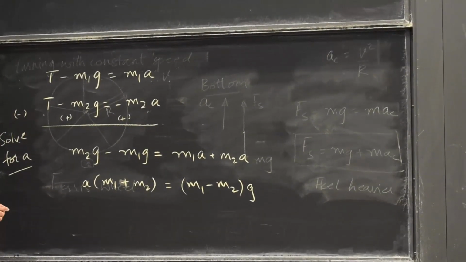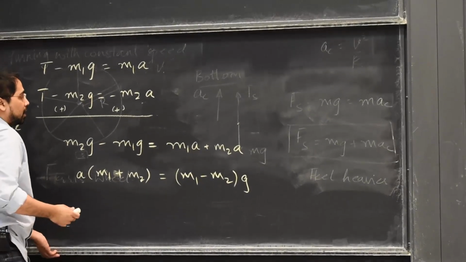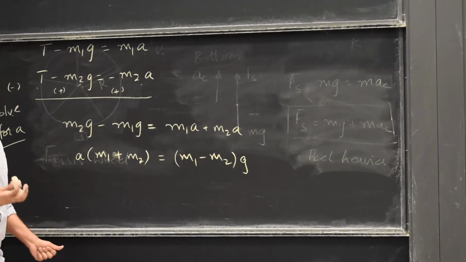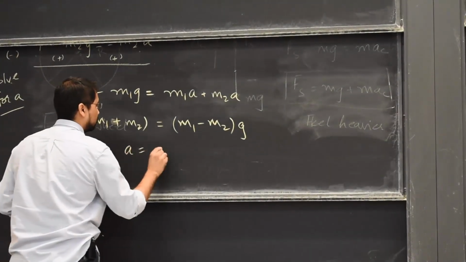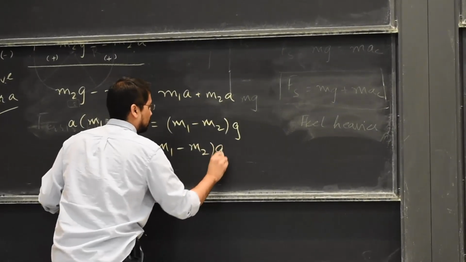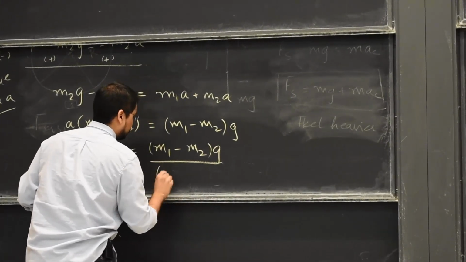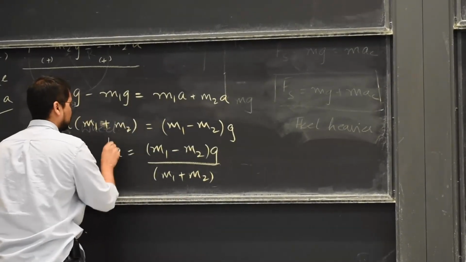So a times m1 plus m2 must be equal to g times m1 minus m2. To calculate a, I just divide both sides by the term m1 plus m2. So all in all, I get m1 minus m2 times g over m1 plus m2.